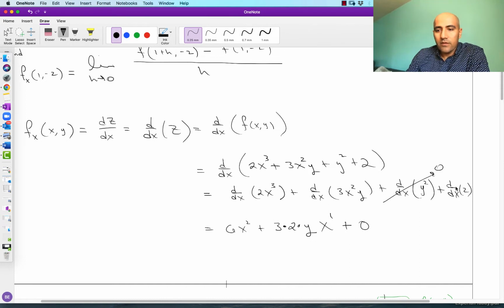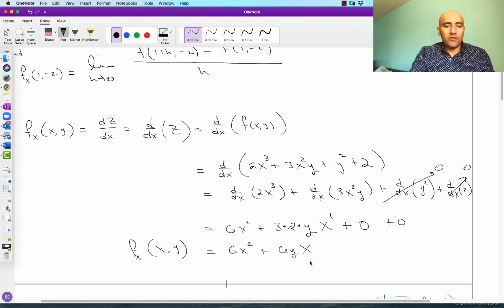This is a 0. And so is this. That's the derivative of another constant. So it's 0 plus 0, or just gets ignored. So then our answer is really just going to be 6x squared plus 6yx. Here, this is f sub x of x comma y. Good. So this is the derivative of our function with respect to x.